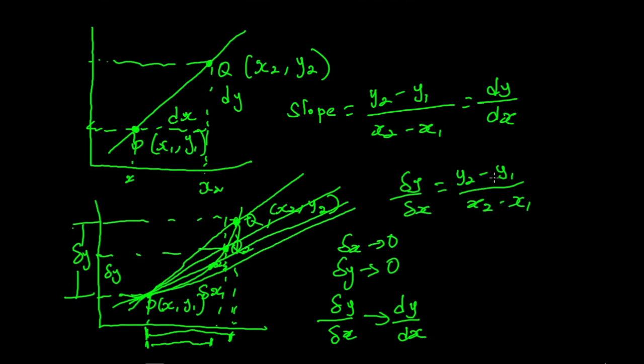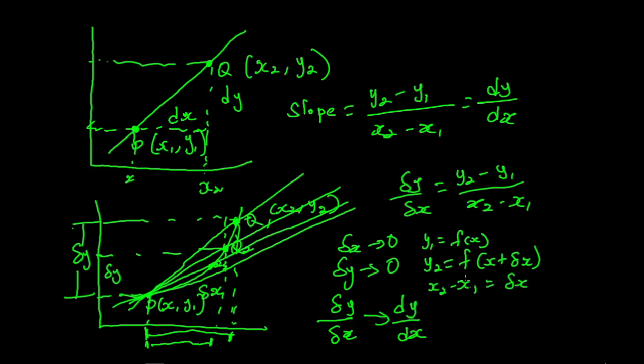Now to express this expression in terms of x only, we can see our y1 is the same as function of x, and y2 is a function of x plus delta x. And we can also say x2 minus x1 to be what?